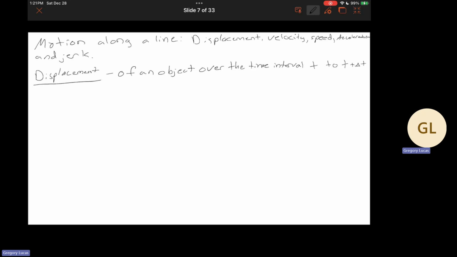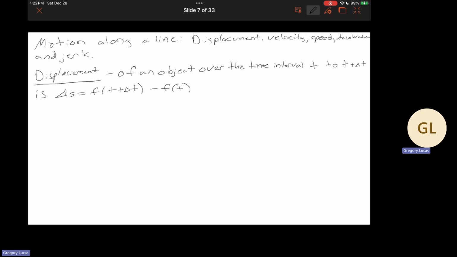So whatever our interval of time that's changed is, we say the change of s, which is f of t plus delta t, and then minus f of t. So think about it. We have some time interval, and it's how far our object is moving over some time interval. So it looks a little tricky, but all we're saying is how far is the object moving along this line in our given time interval.